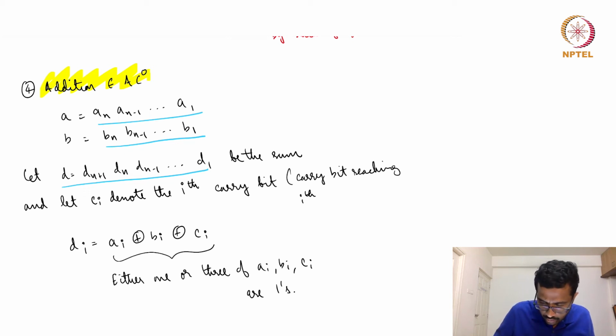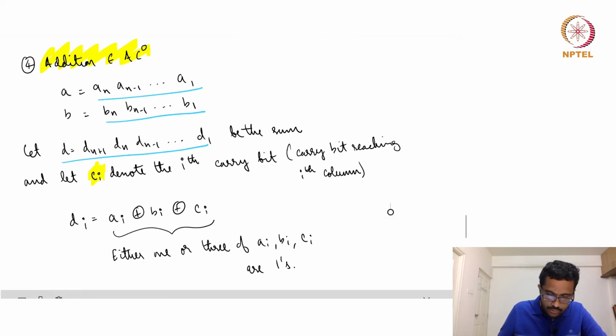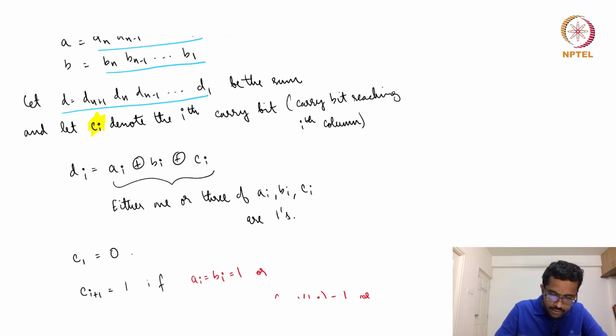We will just say column instead of place. So we call it c_i. Now what is easy is to look at the sum.